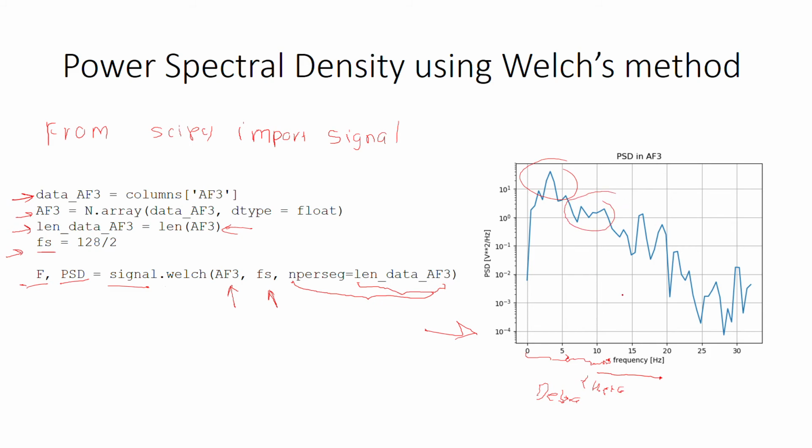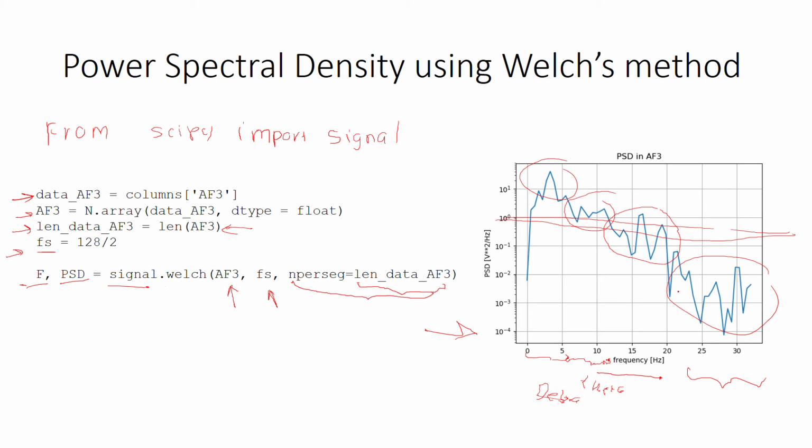It has lower power, and then alpha has even lower power. You don't have beta in that case, because this is just the reference, which is 0. So it means that you have a lot of power at lower frequencies.